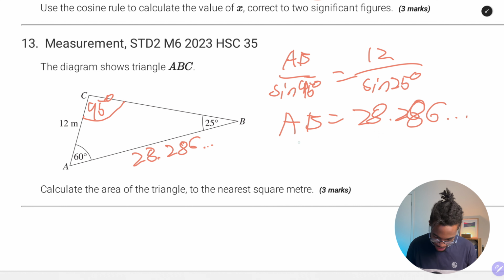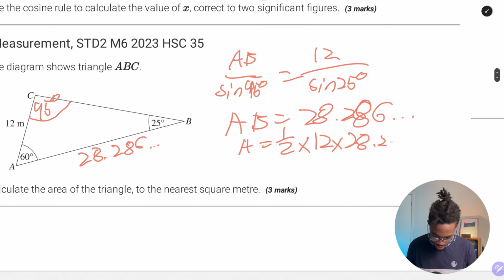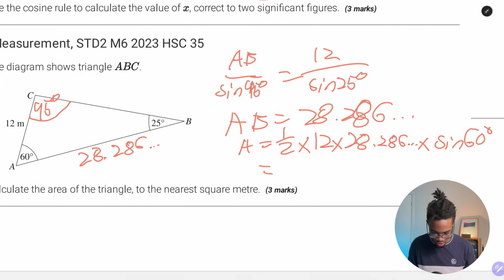Next step, just use the area formula. So A equals 1 over 2 times 12 times 28.286... times sine 60. That equals 1 over 2 times 12 times A, our stored answer, times sine 60 degrees.